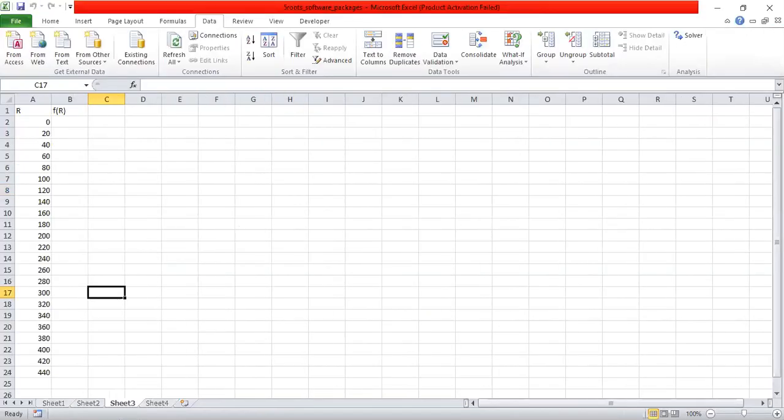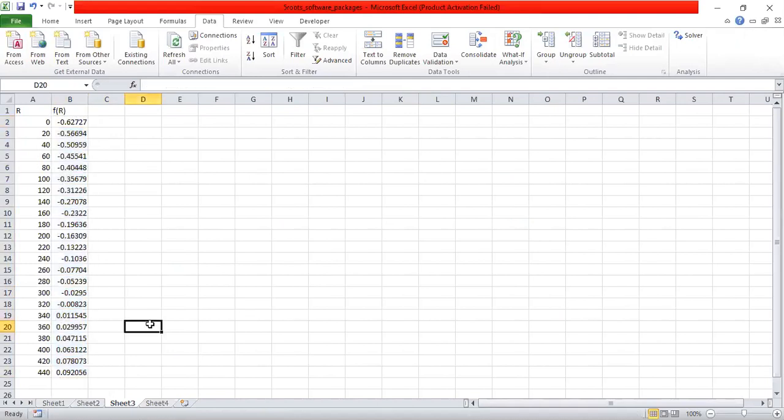So we are now in Excel and want to plot the function from 0 to, we chose R from 0 to 440. This is the expression in Excel format, and for every one of them we evaluate it.